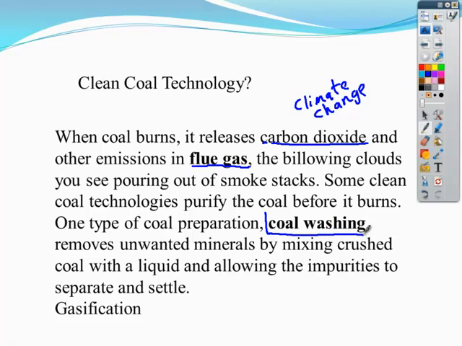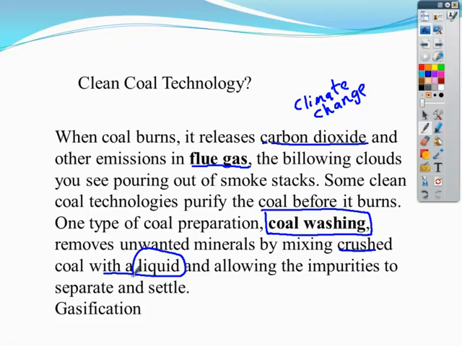And we call that process coal washing. All right, coal washing is when you actually take your coal before it goes into the power plant, crush it, and then mix it with a solution, like a lime solution, that pulls out the sulfur dioxide and some of the other impurities.